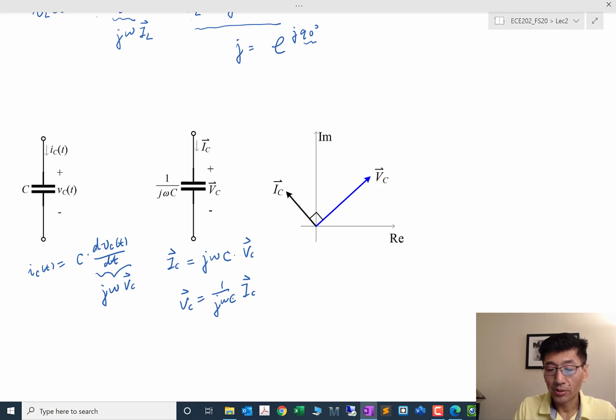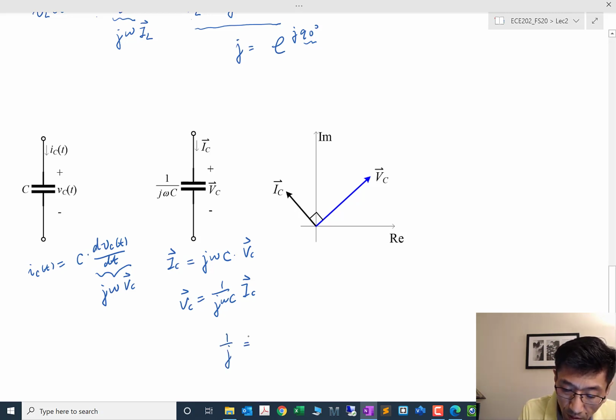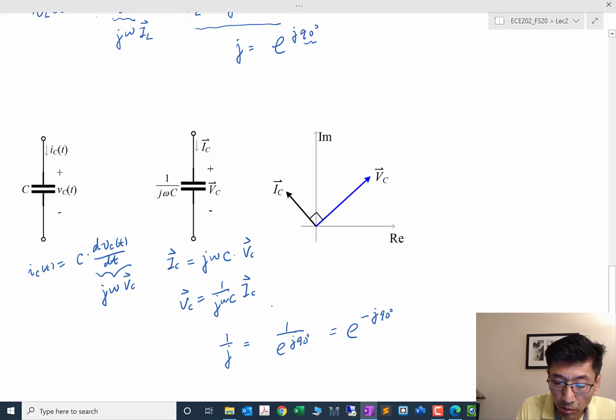We don't have a differential equation anymore. In this case, 1 over j is equal to 1 over e to the j 90 degrees, which is equal to e to the minus j 90 degrees. So 1 over j will add a negative 90 degrees on top of the phasor.